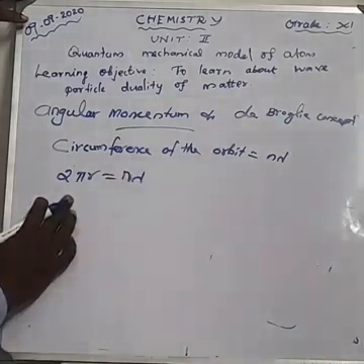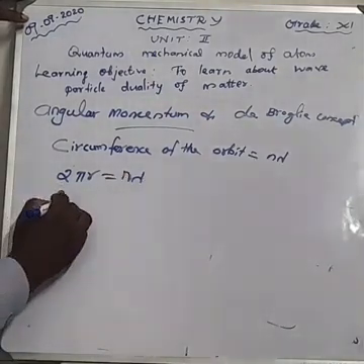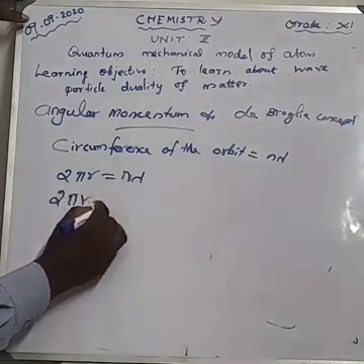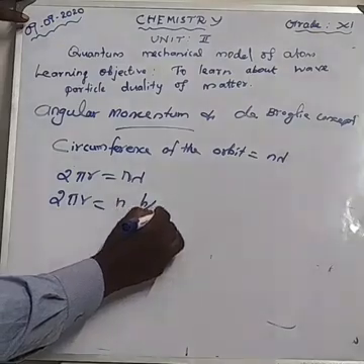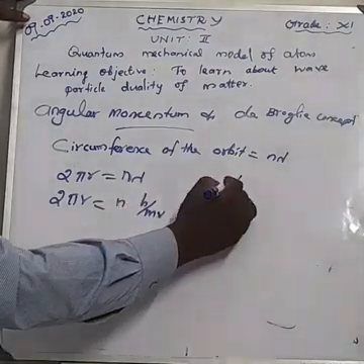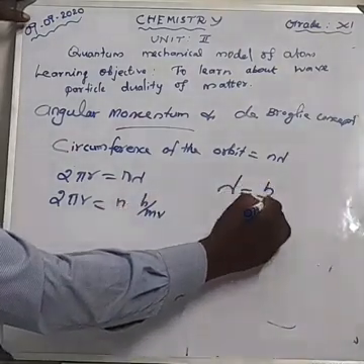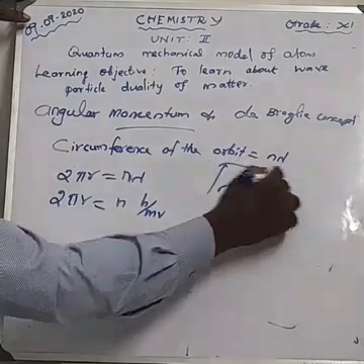Here 2 pi r is equal to n into h by mv, because lambda is equal to h by mv. We are applying this value.